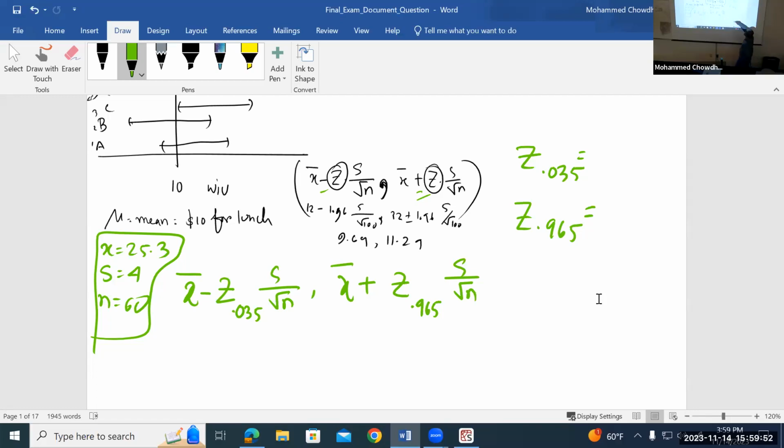What is one of these values? Can anyone of you tell me? Z... 0.035 equal to what?